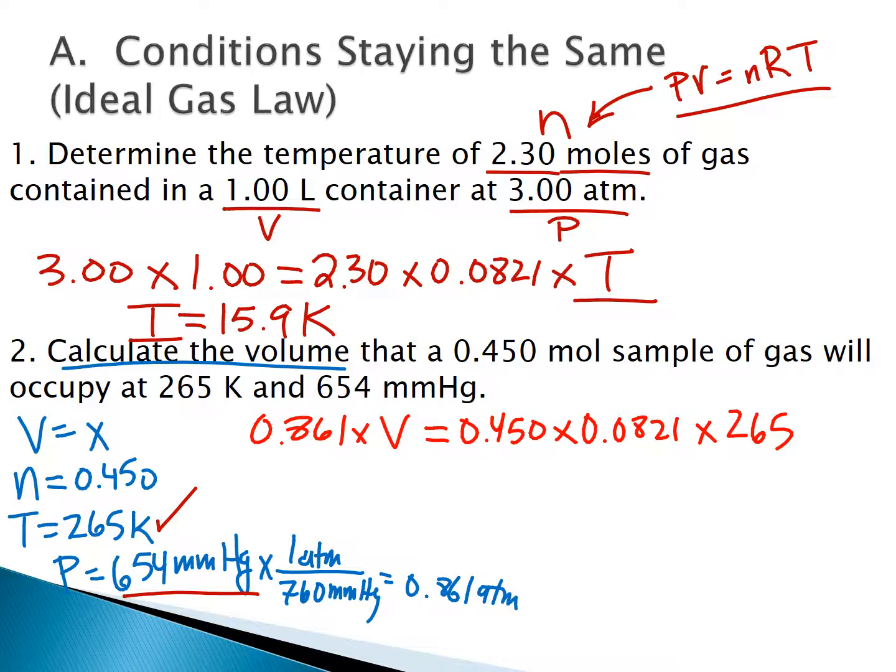So 0.45 times 0.0821 times 265 divided by 0.861. Presto changeo. I get my volume is 11.4. Now if you're asking what unit you need, it's volume, so the unit will be in liters. Piece of cake.